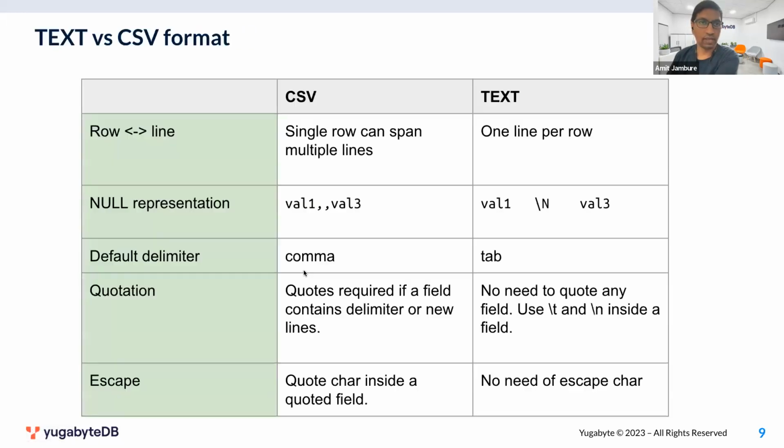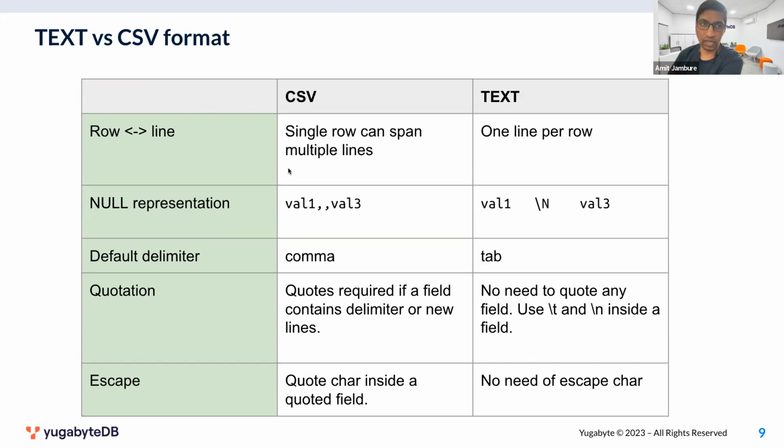Okay, let's move on. So text format is PostgreSQL's alternative to CSV. Now, in some sense, the text format is very well specified and it is simpler than CSV. If we look in the wild, different applications provide different kinds of CSV files. So CSV is more of a guideline than a standard.